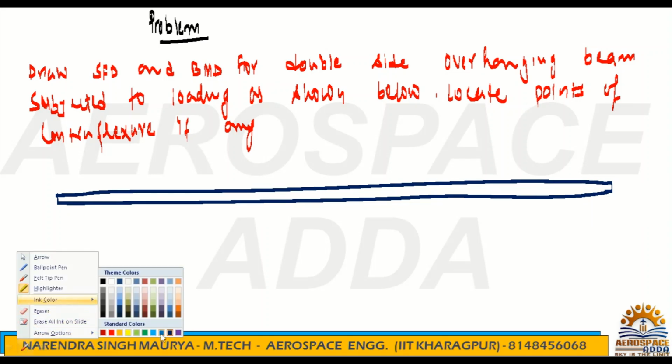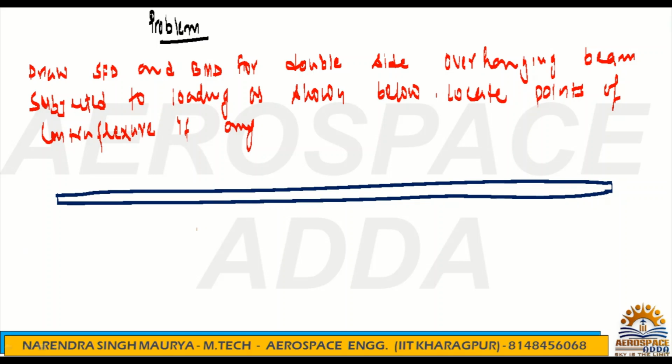If any, we have to show that also. We have to find that point. The point of contraflexure is basically the point where the bending moment diagram changes sign, from positive to negative or negative to positive. Like in the previous problem we had seen, the bending moment diagram was not changing sign, it was only on the positive side, so there was no point of contraflexure.